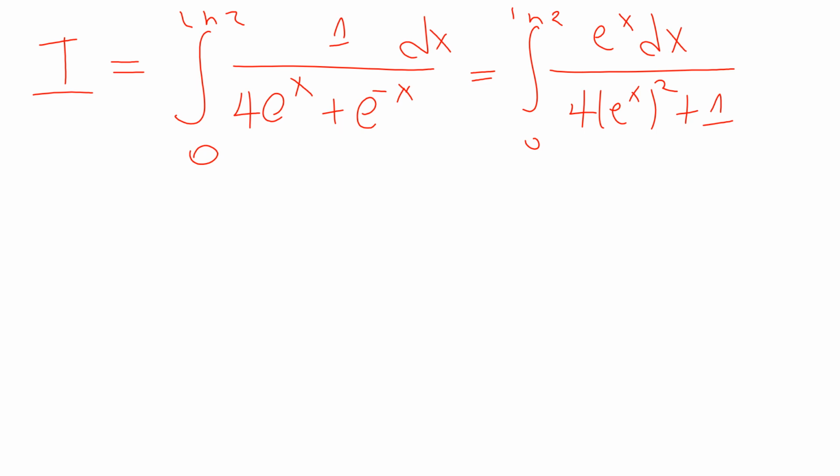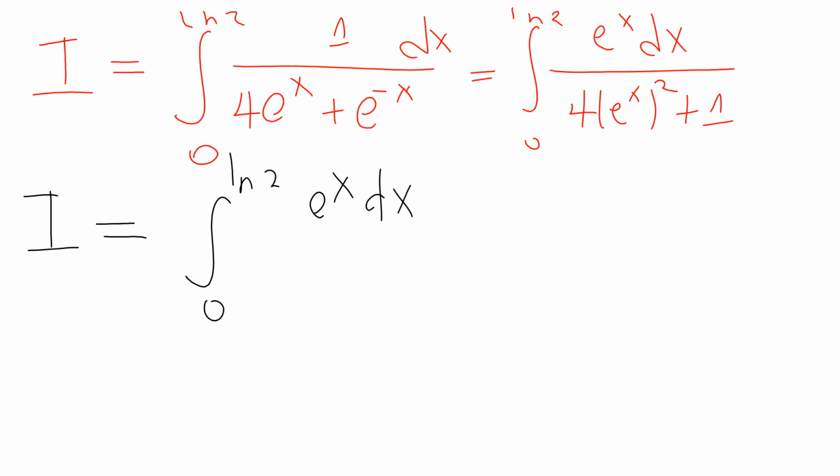Okay, so I'm going to rewrite this as I equal to the integral from 0 to ln 2 of e to the x dx divided by, now I'm going to write 4e to the x all squared as 2e to the x all that squared, then now plus 1, so that I can now use a perfect substitution.